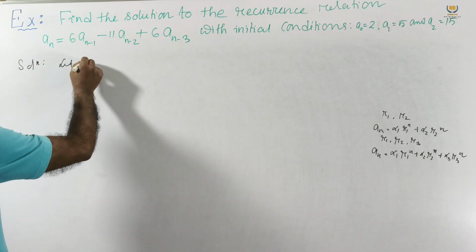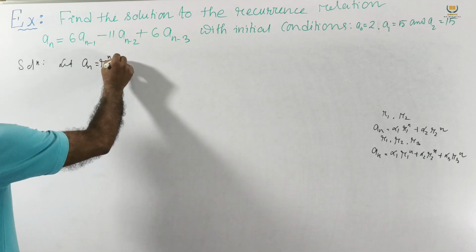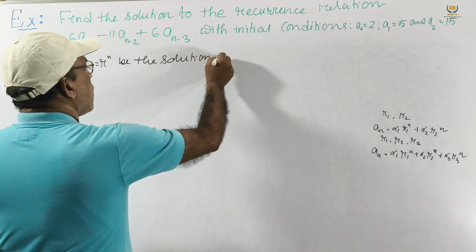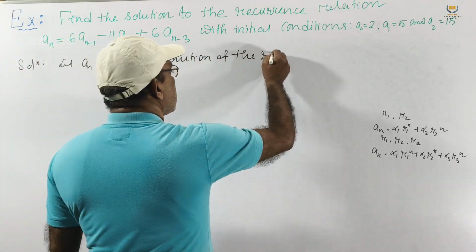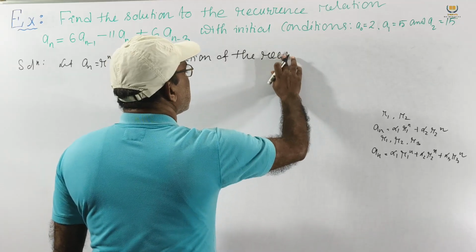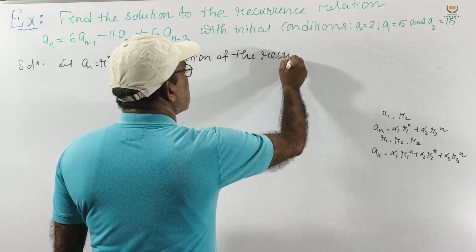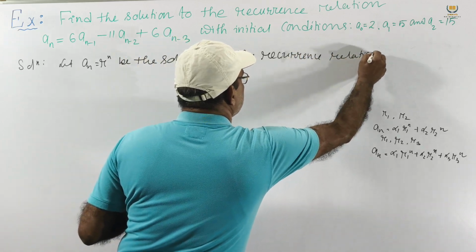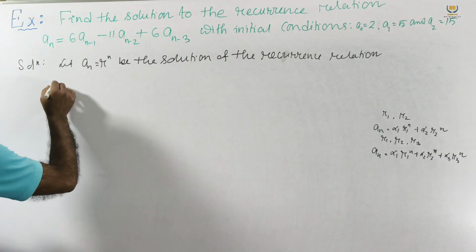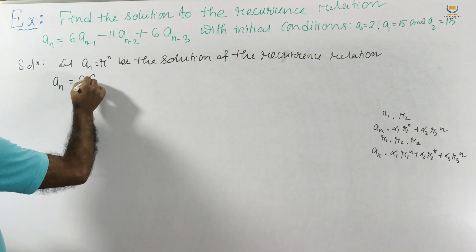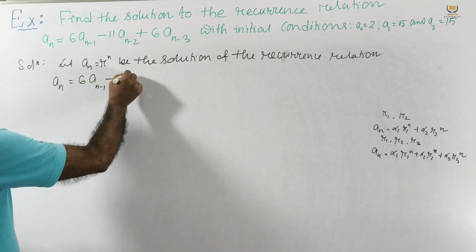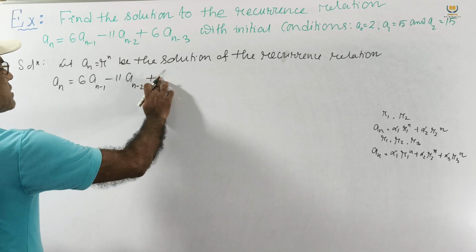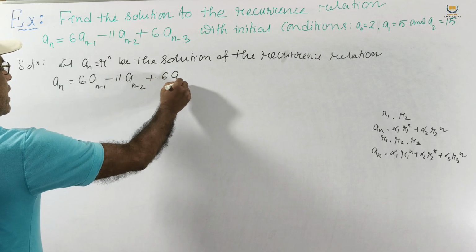Let a_n equal to r to the power n be the solution of the recurrence relation a_n equal to 6a_(n-1) minus 11a_(n-2) plus 6a_(n-3).